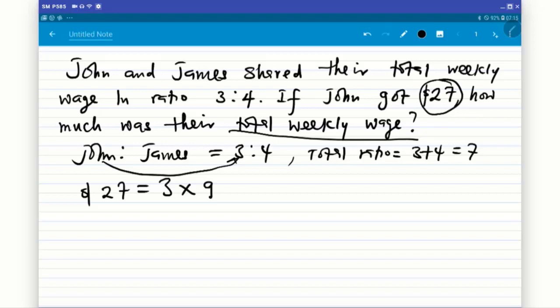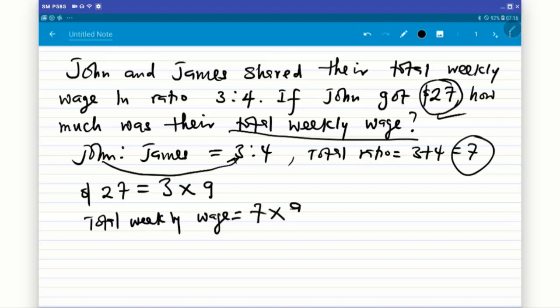So the ratio of John times 9 gave the value for John. Therefore, the total weekly wage will also be the total ratio, which is 7 times 9, because whatever is happening to this must happen to the total ratio. And that means they share a total of what? $63.